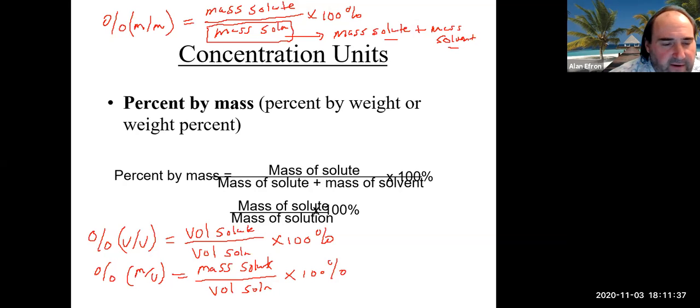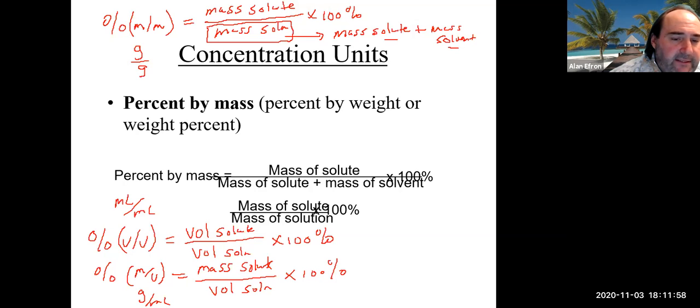So these are three very common percent concentrations. Mass to mass is basically grams over grams. Volume to volume is usually milliliters over milliliters. And mass to volume is usually grams per milliliter, very much like density in terms of the units.